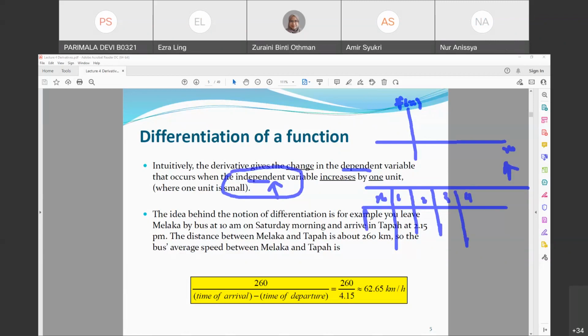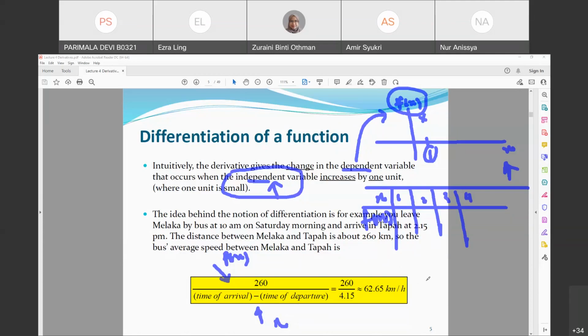Then f(x) depends on the value of x, so we can plot f(x) after we get the value of x. So f(x) is dependent. Tu beza. Okay, apa itu independent, apa itu dependent. And in our equation, yang atas ni ialah dependent, tadi f(x) tu lah, and it is divided by the independent x yang bawah.